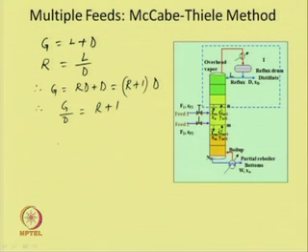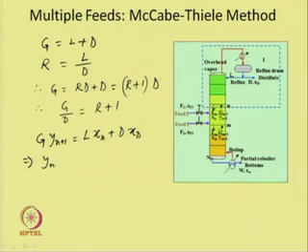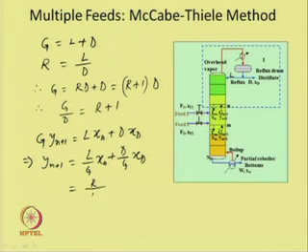Now, if we do the material balance for particular components, if we consider envelope 1, then we can write G y n plus 1 would be equal to L x n plus D x d, and from this we can write y n plus 1 would be equal to L by G x n plus D by G x d is equal to R by R plus 1 x n plus x d by R plus 1.